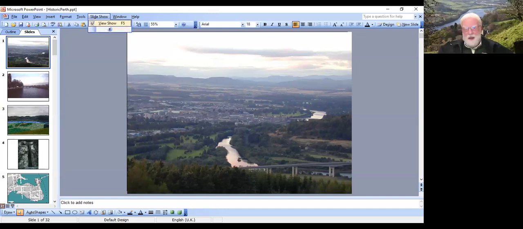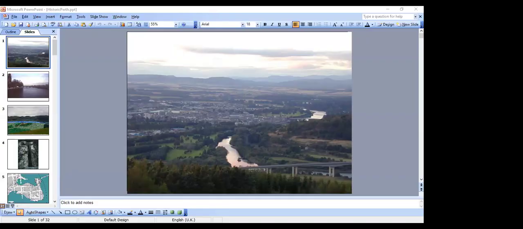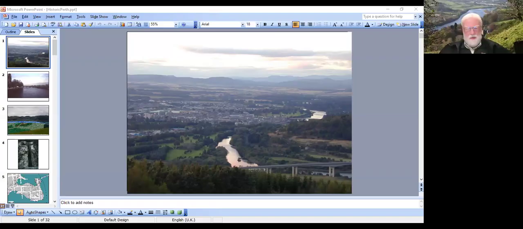There we are. If I've got it right, you should all be seeing a view of Perth looking northwards. Can John see that? Yes, I can. Excellent. Then we're ready to roll.